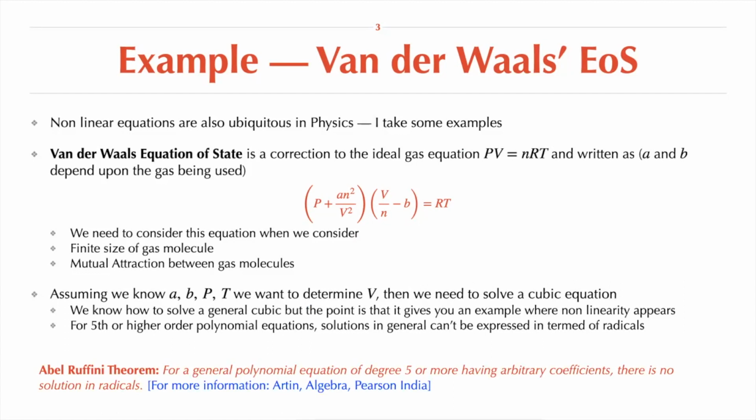Radicals means that you can use square roots as many as you want, as many cube roots, fourth roots, fifth roots, etc. So for any polynomial of degree 5 or larger, in general it is not possible, though it is possible for all polynomials of degree 4 and less.